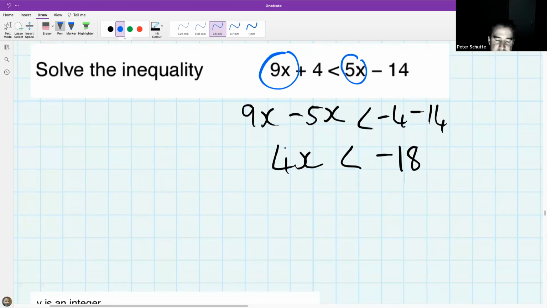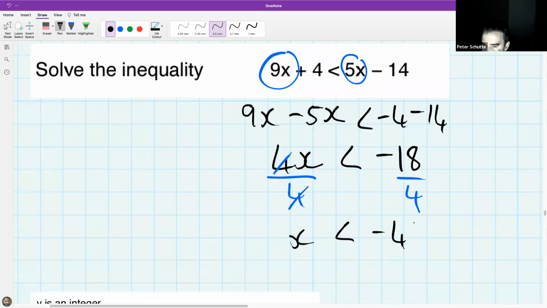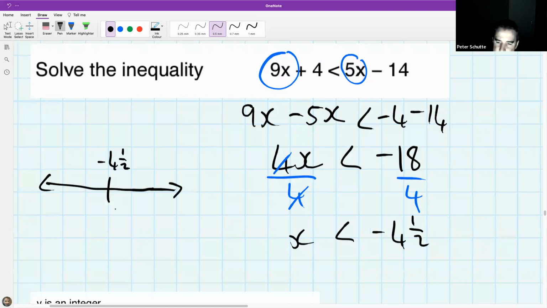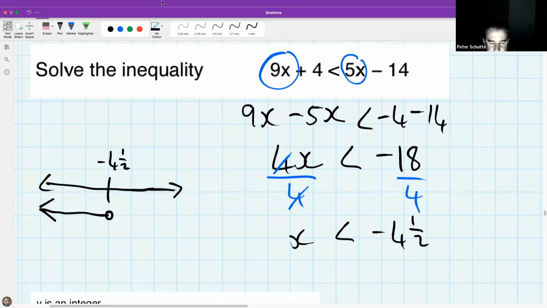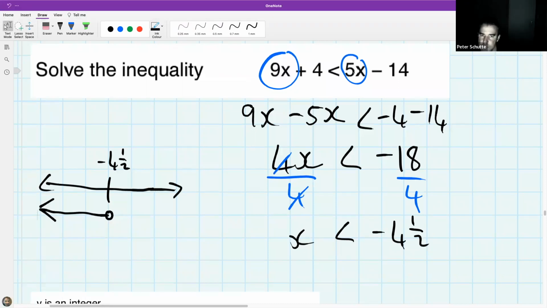So I'm going to divide by 4 on both sides. And I get x is less than -4 and 2/4, or -4.5. And so the answer, you would definitely need to have a -4.5. And x is less than that, but it's not including -4.5. So it would just look like that. And that is a slightly harder inequality.